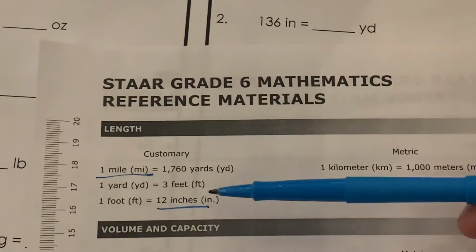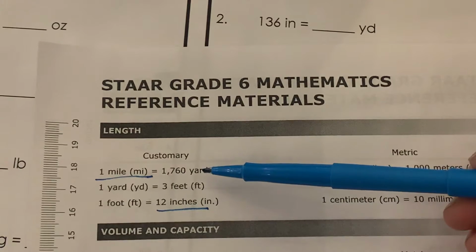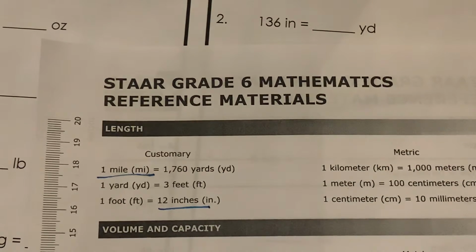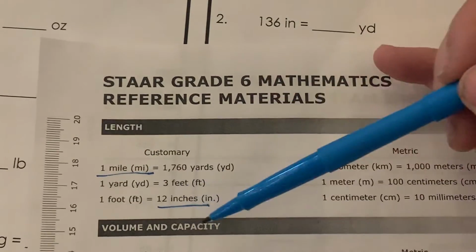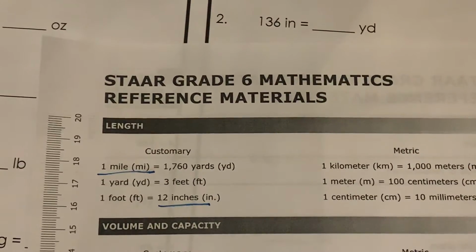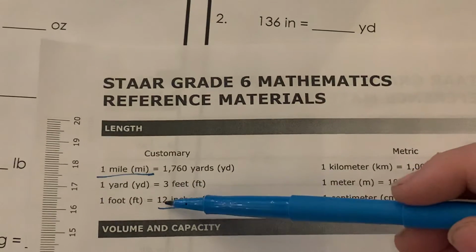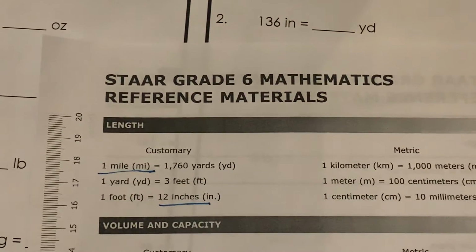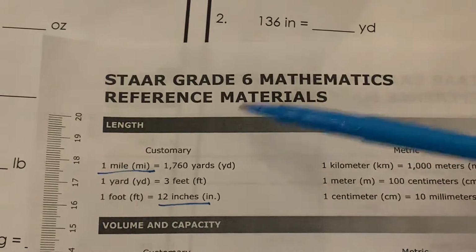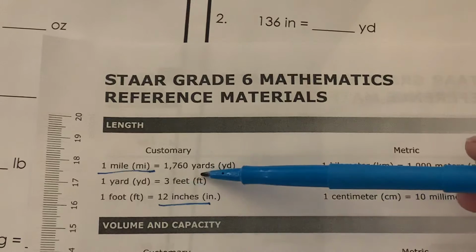So we need to bring these inches all the way up here equal with the miles. Okay? We can't jump catty-cornered like this. Does that make sense? So what we're going to do is we're going to multiply this up until we get them on the same level. So you always need one number on the left, one number on the right.